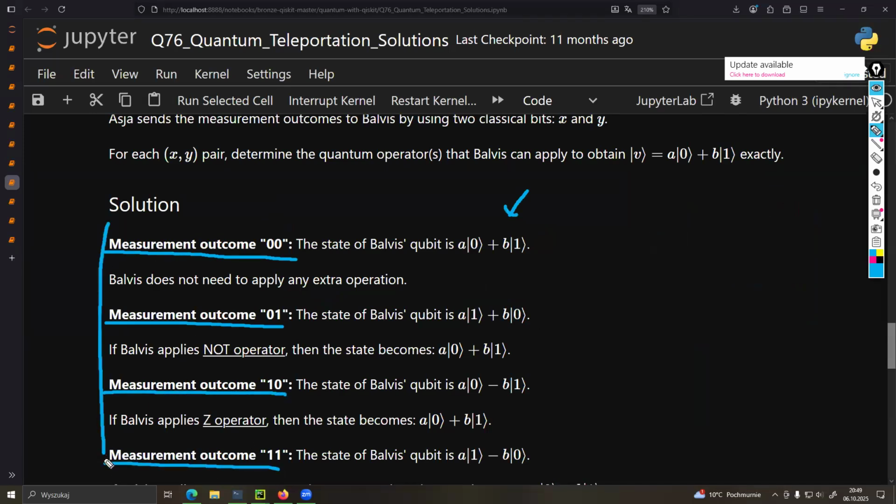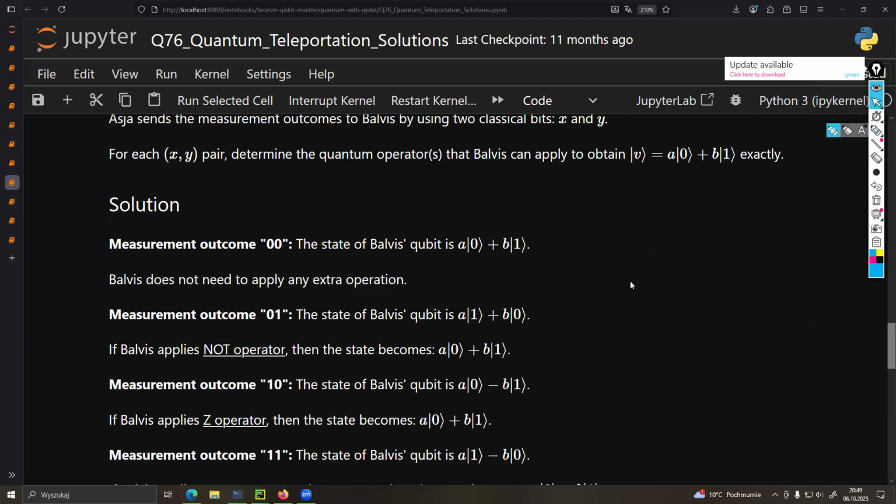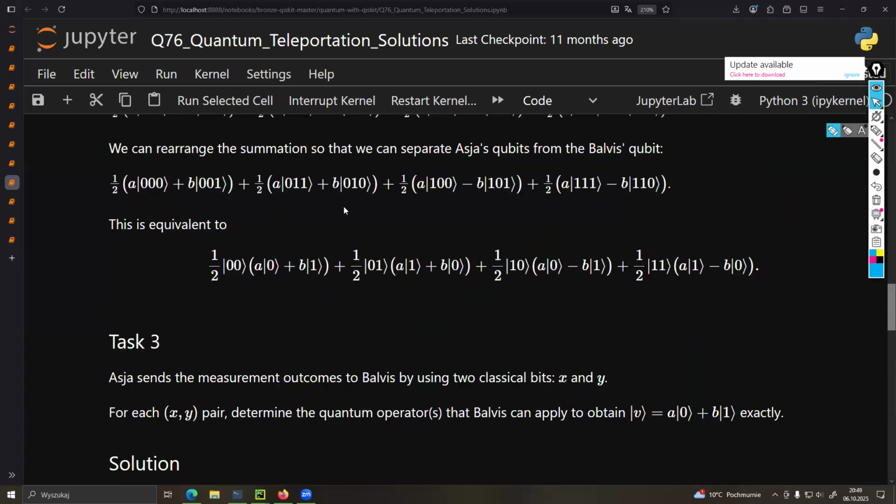So this paradox is a paradox, but it doesn't really showcase any way of transmitting the information faster than the speed of light that this paradox, this EPR paradox, Einstein-Podolsky-Rosen, says that there is.